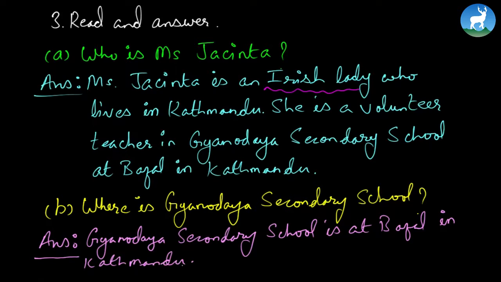So do you think the answer is complete? No, see, it has asked for a very detailed answer. This answer is not incorrect, but we can consider it somewhat incomplete because it just talks about Bafal in Kathmandu, but it does not answer the precise where.